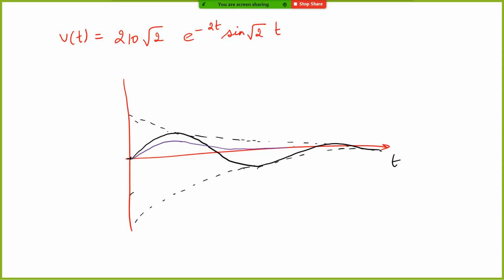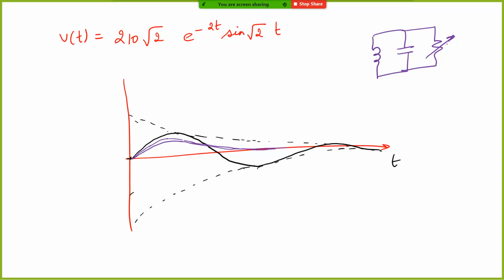That's it. And the critically damped system may have been something like this. It doesn't go negative, right? All right. So what we see here is the L and the C values remain the same. Only the resistance has been changed for all the three examples.